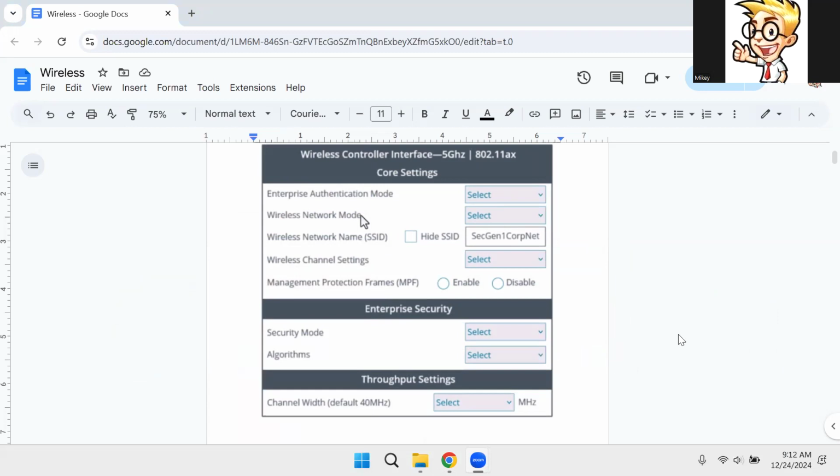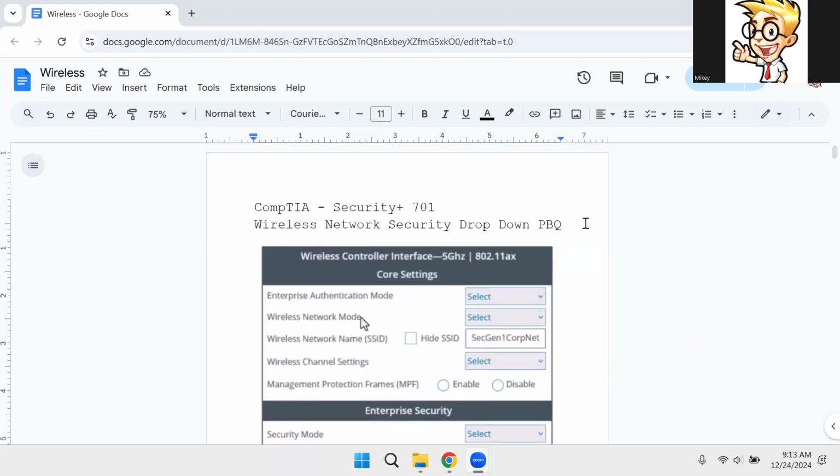We're going to go over each selection and take a look at different possible answers, maybe explaining why you should choose them and why not, how you can get a better answer, and review a lot of topics. So this is for the CompTIA Security Plus 701 exam. The topic is wireless network security. It is a drop-down performance-based question.